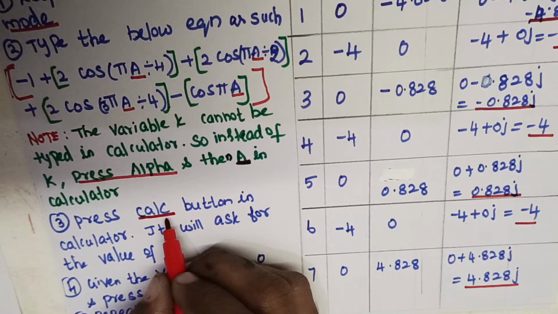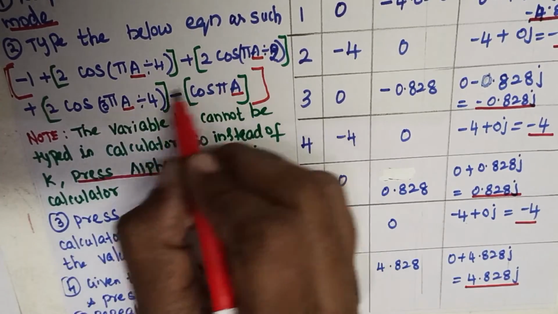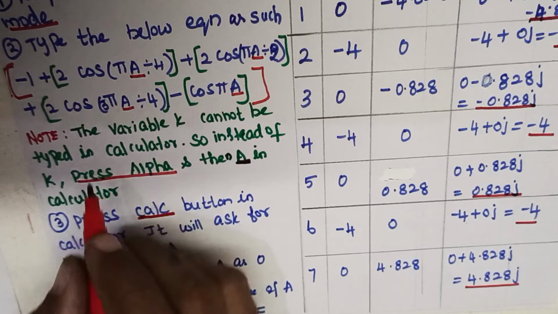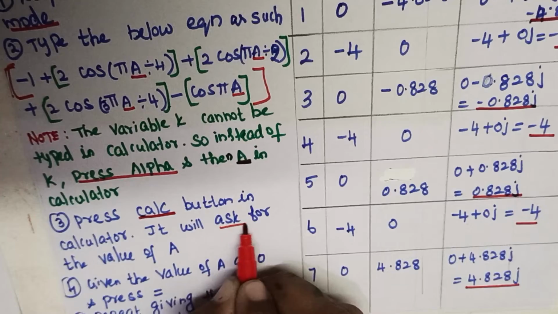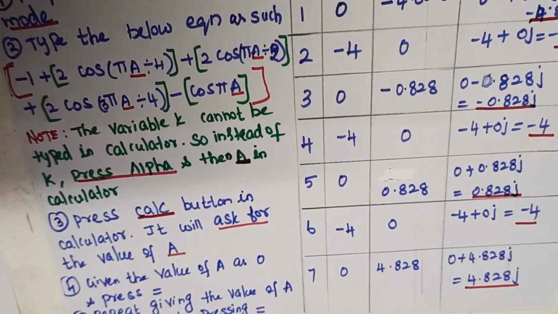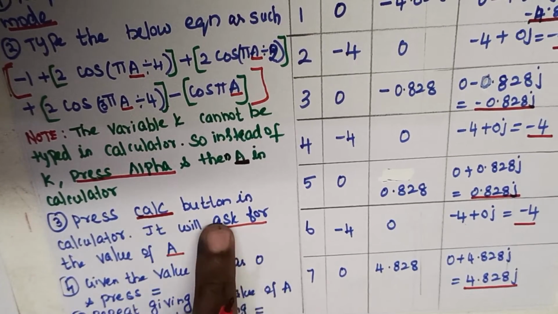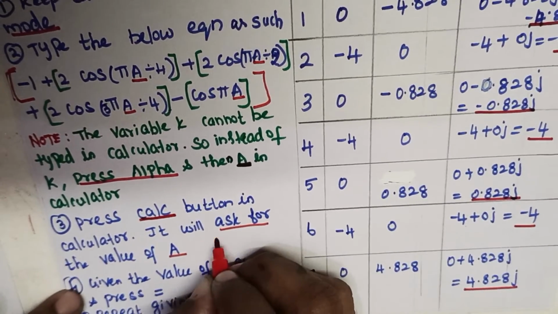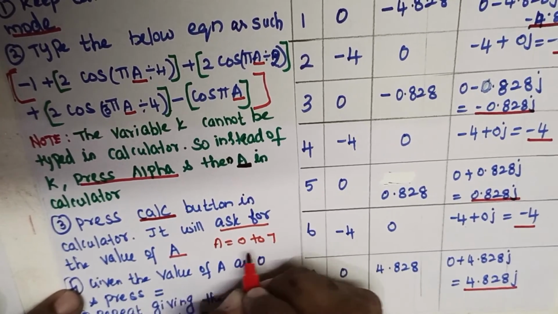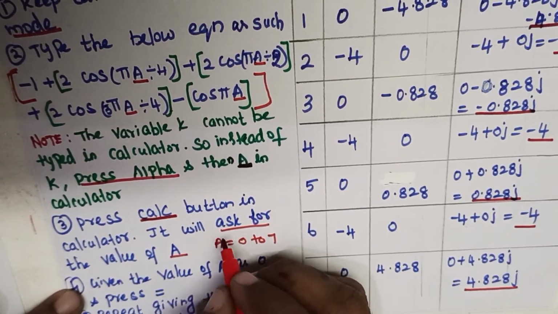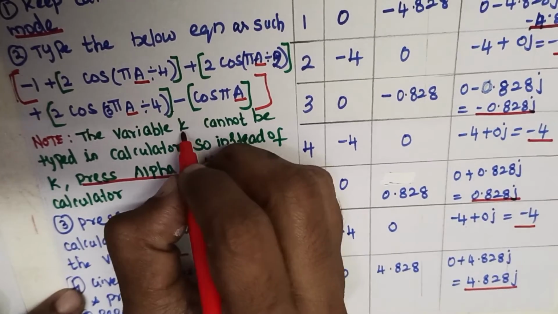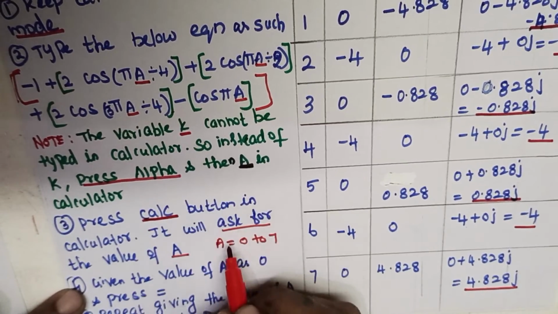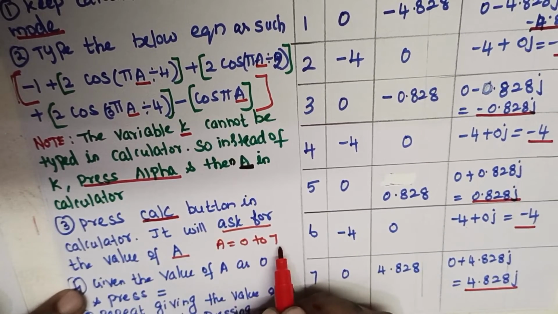Once this button is pressed, this entire equation will be stored as an equation in the calculator and it will ask for the value of A. And we know that the range of A is from 0 to 7 because we have replaced only K as A. The range of K is replaced as A. So the range of K is from 0 to 7. Now A also has the range from 0 to 7.